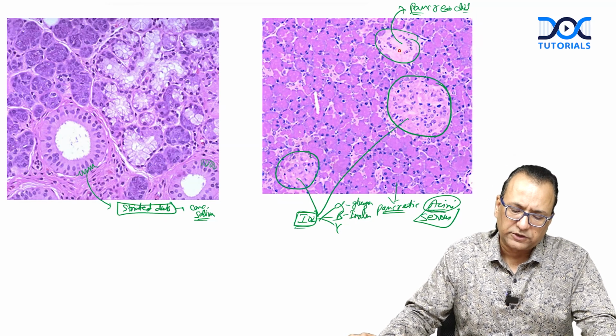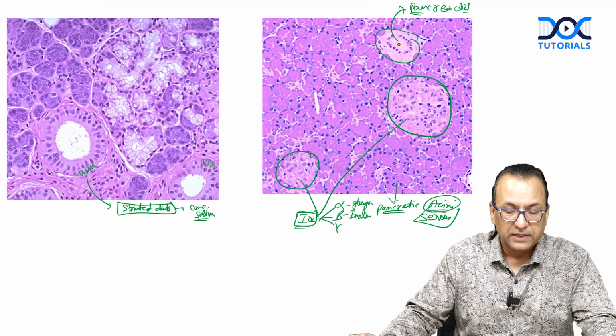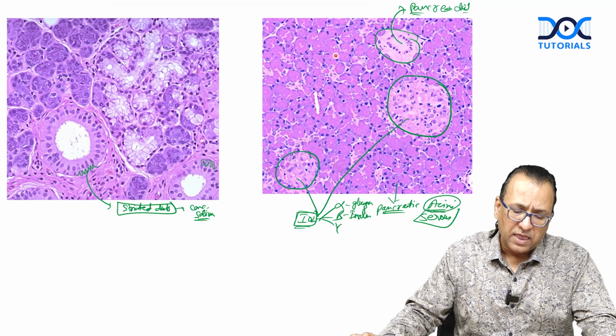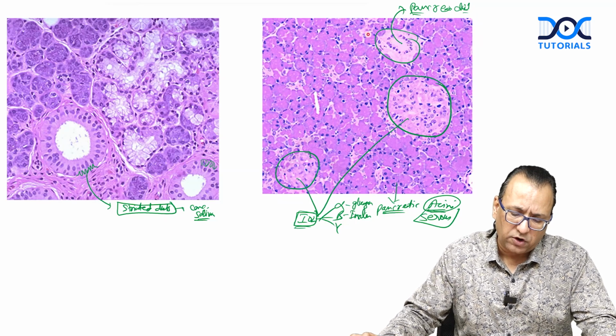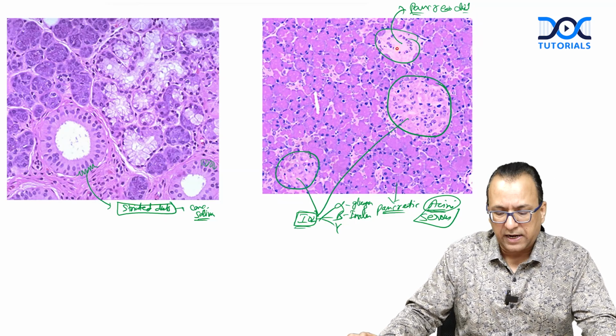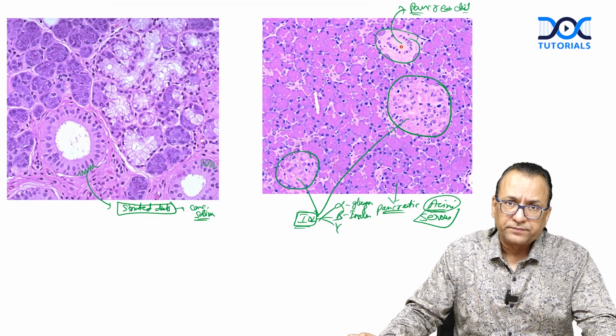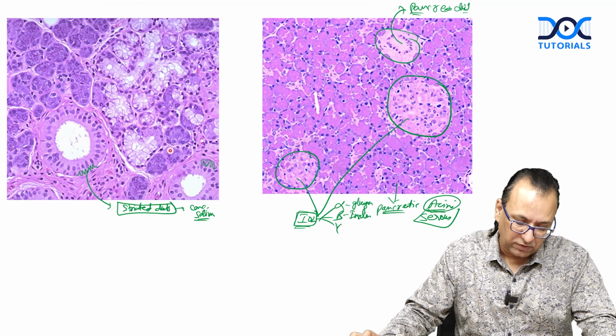Number two, the ducts are not striated. They don't have to concentrate anything. They're just carrying some enzymes secreted by the pancreatic acini. That could be some lipase or proteases, carried with some alkaline rich fluid. There's no concentration going on, but the concentration of saliva which is happening in salivary gland makes the duct striated.